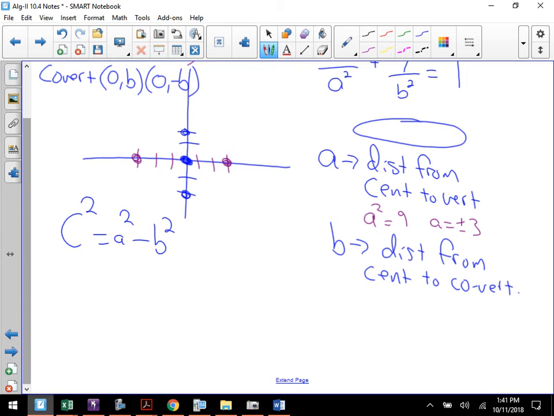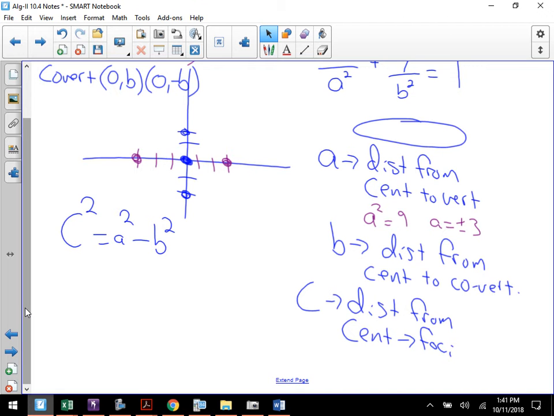C will be the distance from the center to a focus. And it's found by taking a squared minus b squared.